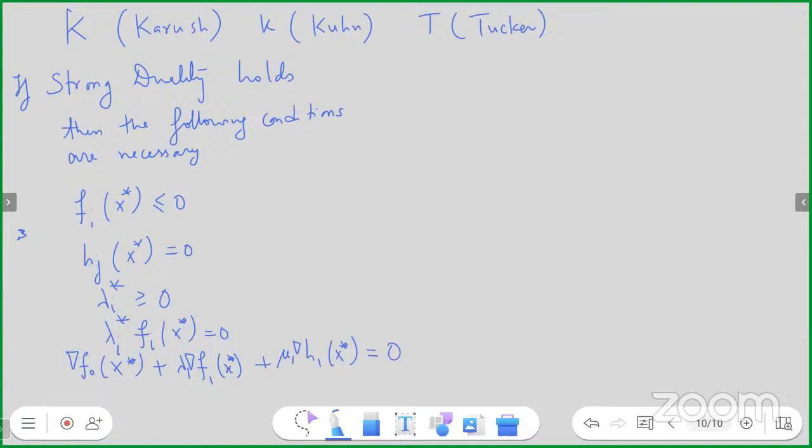Why is this true? Number 4 is just complementary slackness.